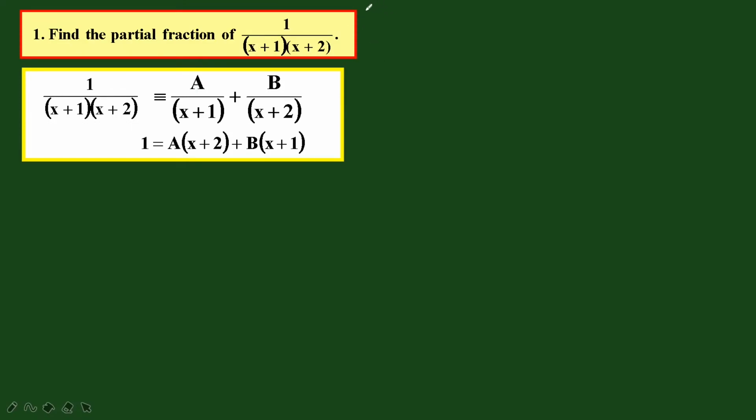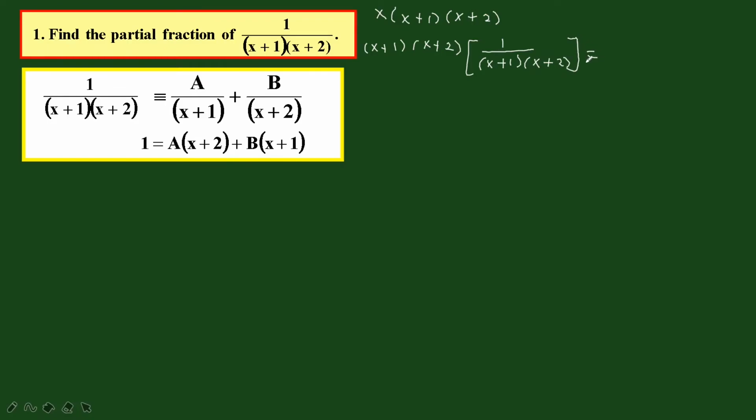So I'm going to multiply the whole thing with x plus 1 and x plus 2. So I'm going to take x plus 1 and x plus 2, and multiply with the first part, 1 over x plus 1 and x plus 2.